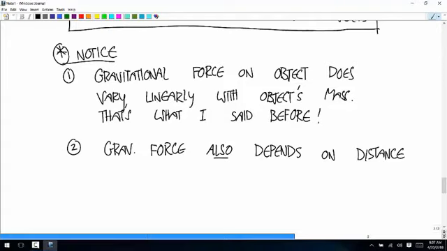Right, so we'll talk about that. It's still conservative, but it's not constant.